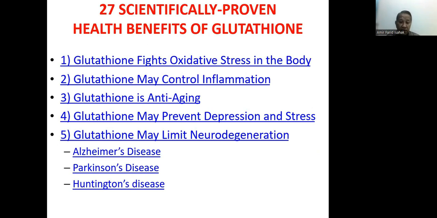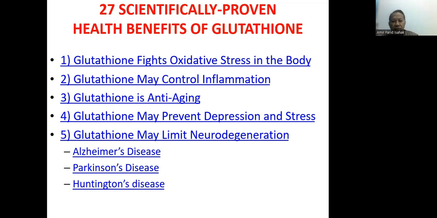There are not many nutrients claimed to be anti-aging that are proven by studies. And glutathione is one of the few that has been shown by studies to be anti-aging. So you can make a claim, a therapeutic claim, a scientific claim, because it is backed by studies.